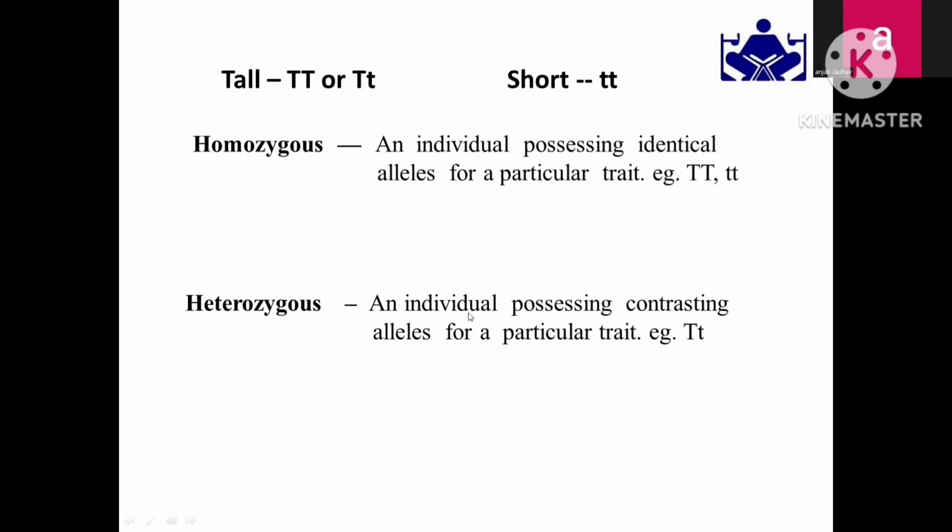An individual possessing contrasting alleles for a particular trait. That is capital T and small t. One is capital, the other one is small. One represents tallness, the other shortness. So these are contrasting alleles for a particular trait.